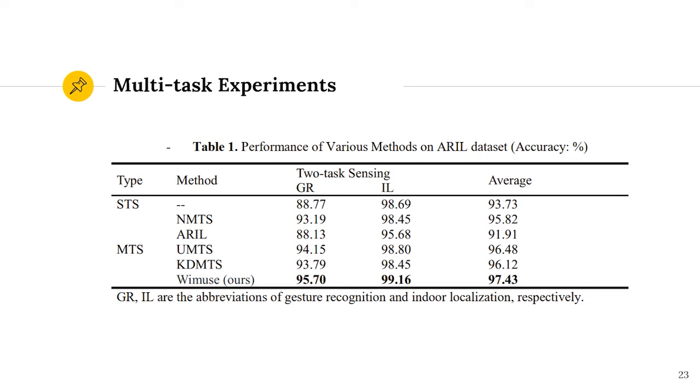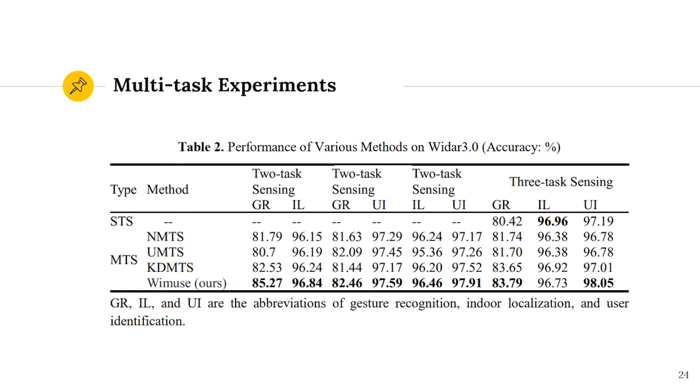This is the experiment result of 2-task sensing on the ARIL dataset. We can see that Y-Muse has better performance than others, including the method ARIL that is proposed along with this dataset. And this is the result of performance in the 2-task and the 3-task settings on the Y.3 dataset.